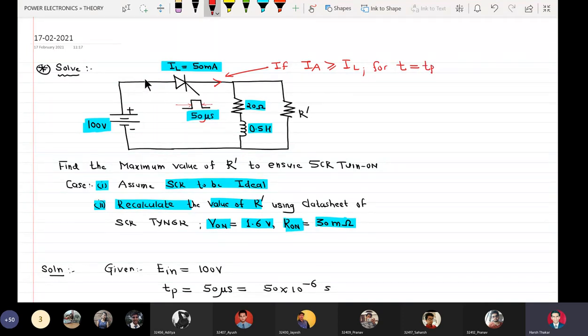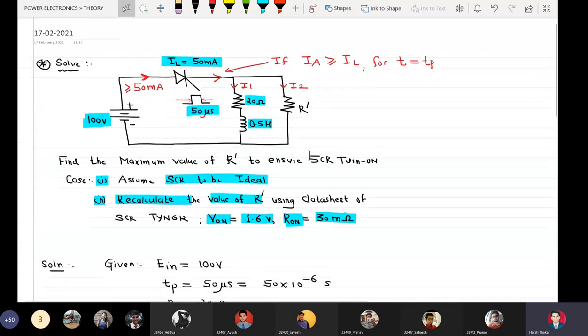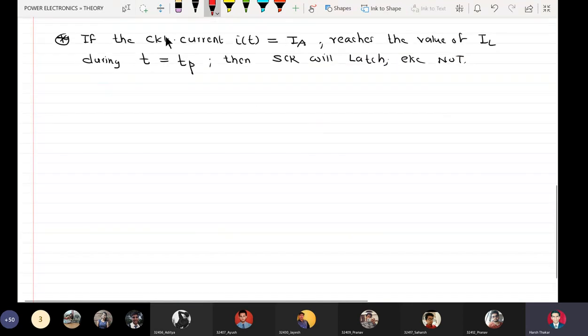So understand students, that the current flowing through this branch must be equal to or greater than 50 milliamperes, only then the SCR will latch. And here understand one thing, that this particular latching current will be shared by two currents, that is I1 and I2, okay. Let us solve now.